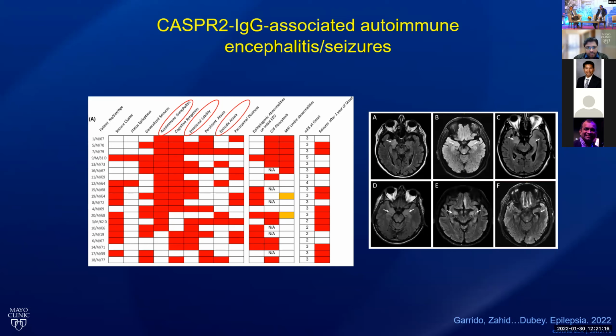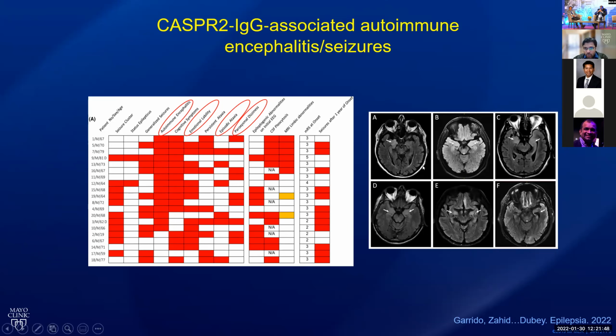Another presentation which has been described previously with Caspr2 is episodic ataxia, where they have episodes of significant truncal ataxia or even speech dysarthria. And then another presentation which was interesting to find in these cases was brief episodes of dizziness, which lasted for a few seconds and happened multiple times a day. We think some of these could have been auras or small seizures happening in these patients.